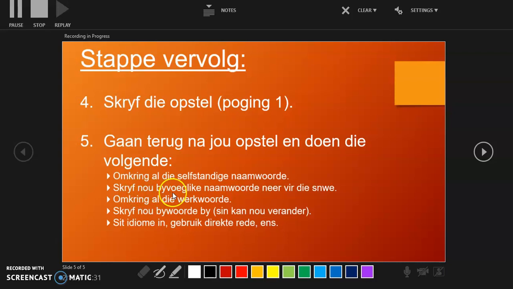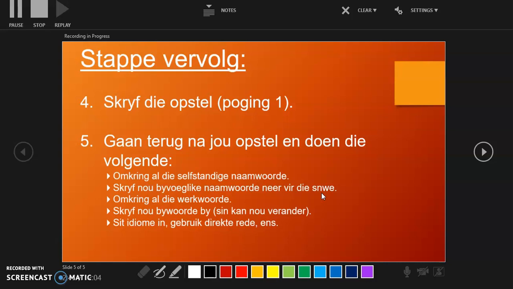Skryf nou byvoeglike naamwoorde neer vir die selfstandige naamwoorde. You have now encircled your nouns. Now I want you to write an adjective, either in the front or at the back of your nouns. For instance, as jy geskryf het van die vliegtuig vlieg in die lug, vliegtuig is 'n selfstandige naamwoord.